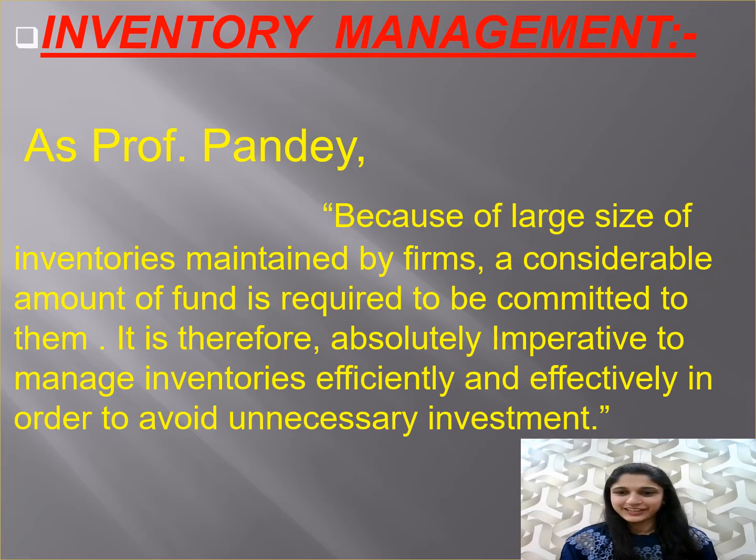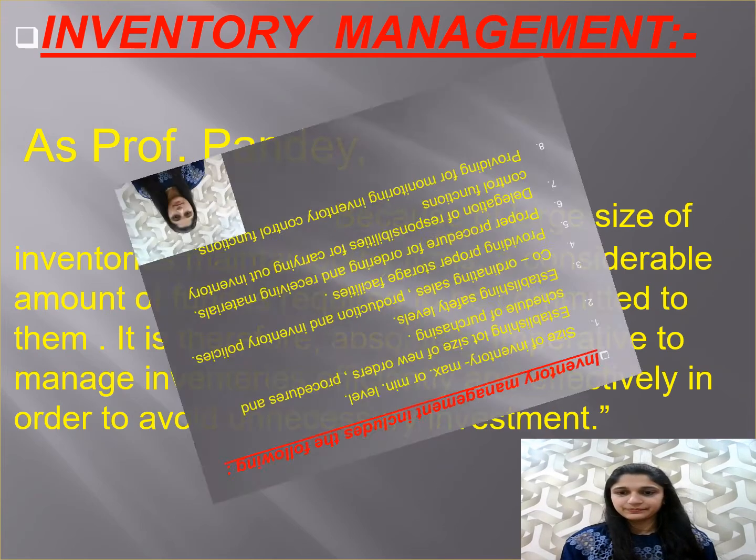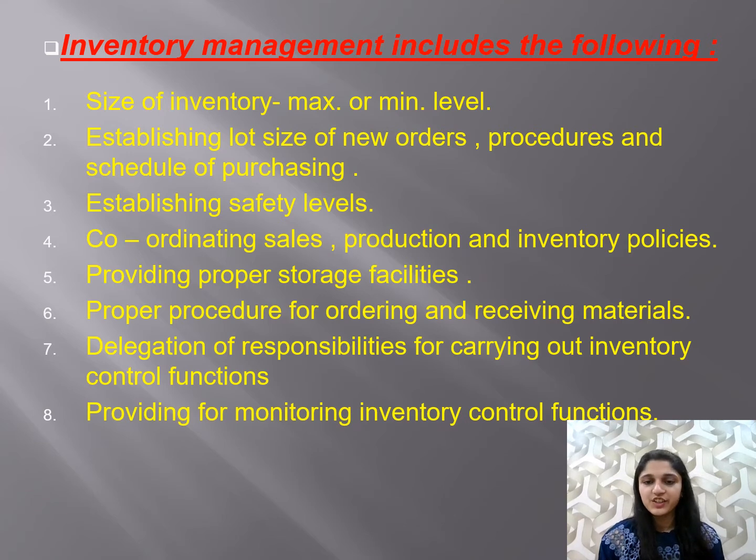Now we move to the next slide. Inventory management includes the following. First one is size of inventory, maximum or minimum level. Second, establishing lot size of new orders, procedures and schedule of purchasing. Third, establishing safety levels.